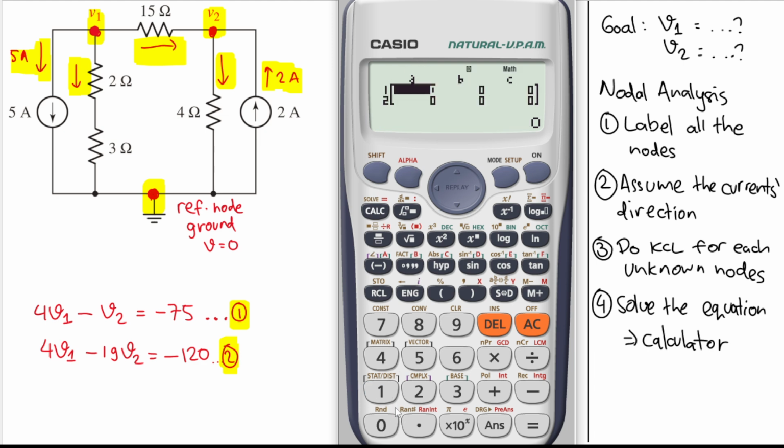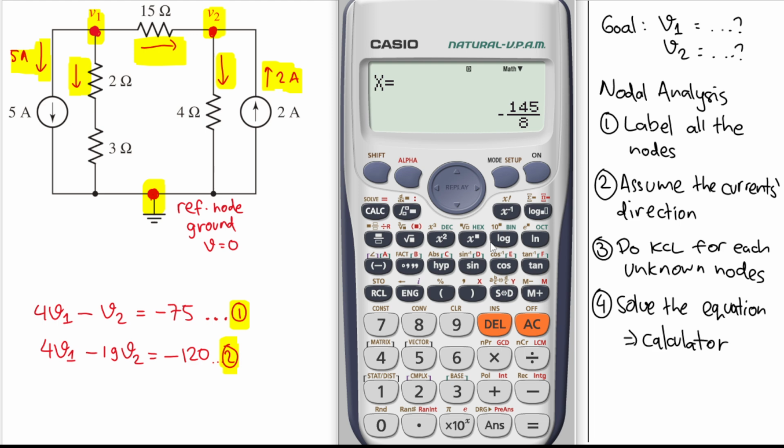And then we can just plug in the coefficients of the equation. So we will have 4 here, and then minus 1, and then minus 75. Good. And then I will have 4, and then minus 19, and then minus 120. And we get the x value, which is our V1 here.